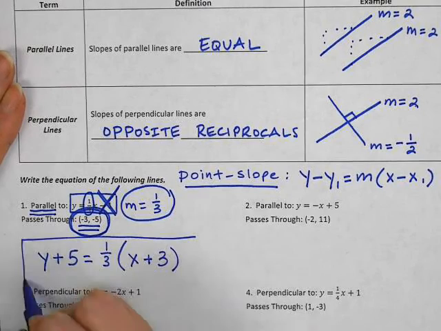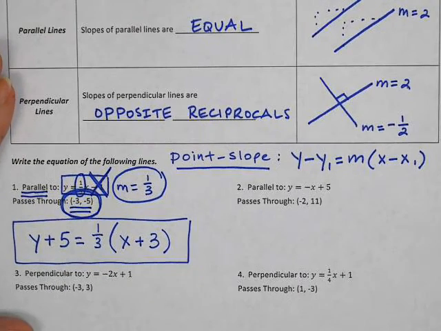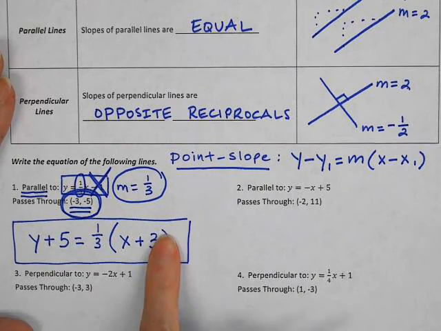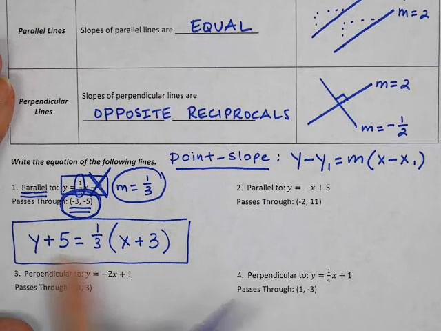And you get to leave your answer like that if you want. Done. You could also distribute and subtract the 5 over and get it in slope-intercept form, but I think this form is better for this problem.